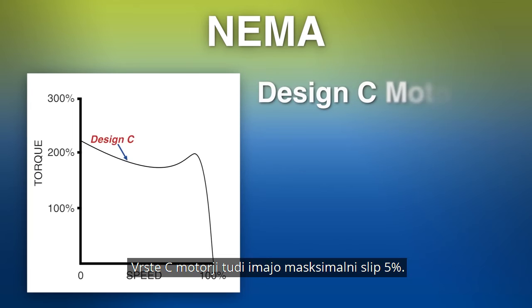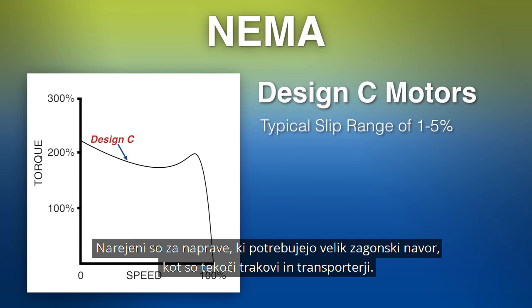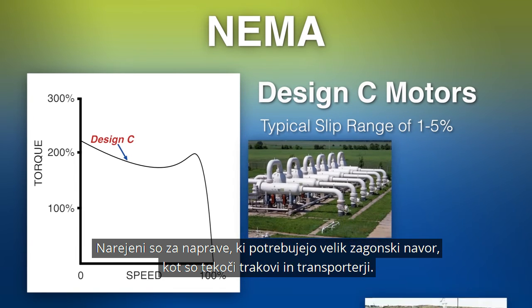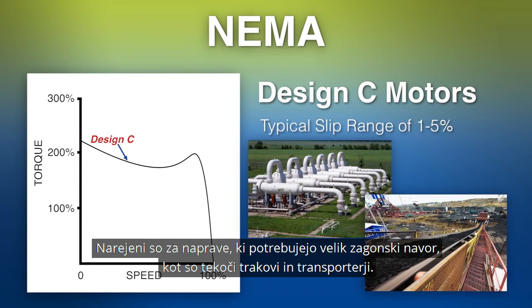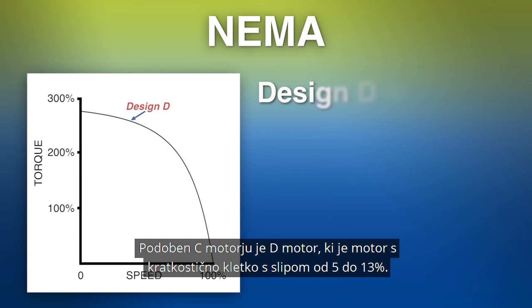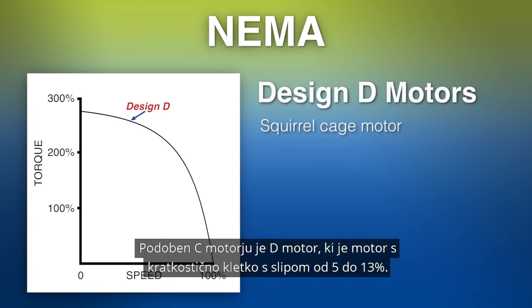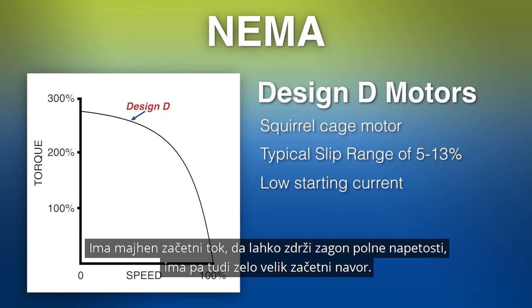A NEMA Design C motor also has a maximum of 5% slip. Design C motors are built to power equipment requiring high breakaway torque, like positive displacement pumps and conveyors. Similar to Design C motors, a NEMA Design D motor is a squirrel cage motor designed with a maximum slip of 5 to 13%, low starting current to withstand full voltage starting, and very high locked rotor torque.